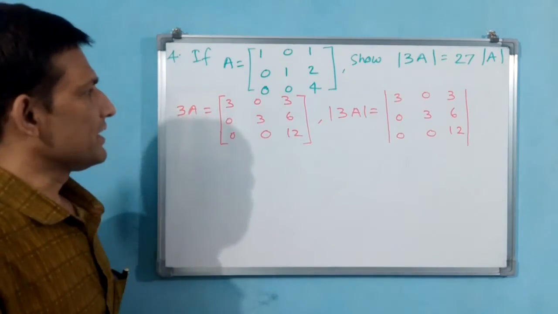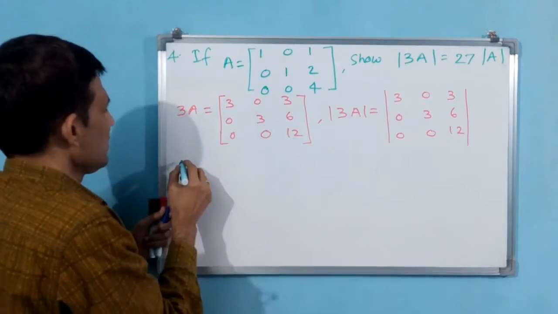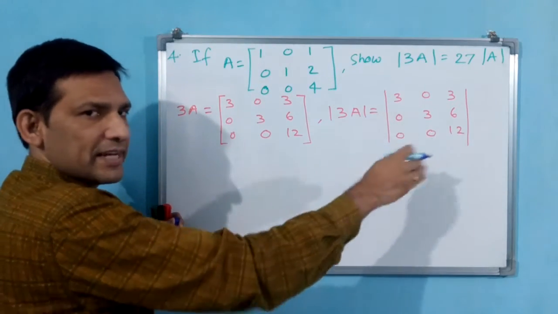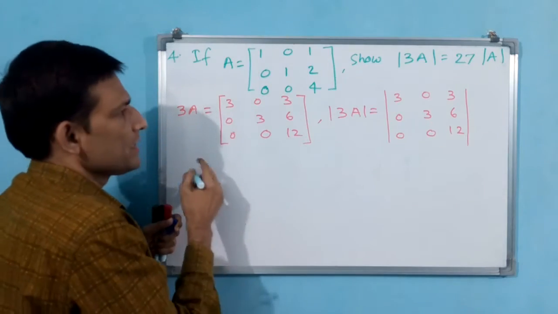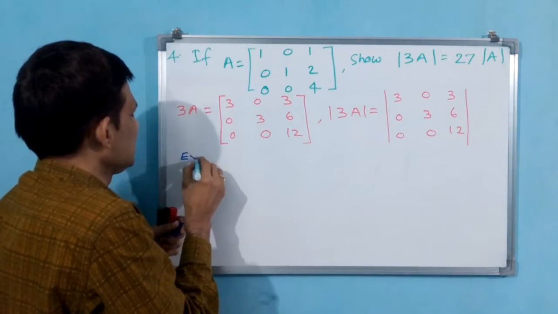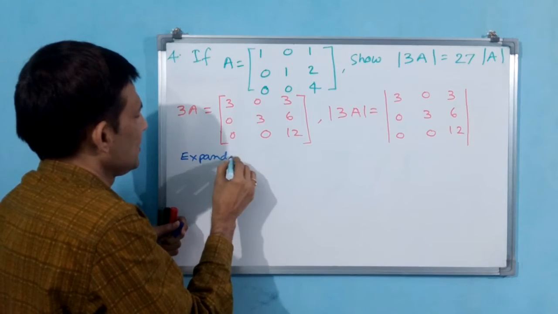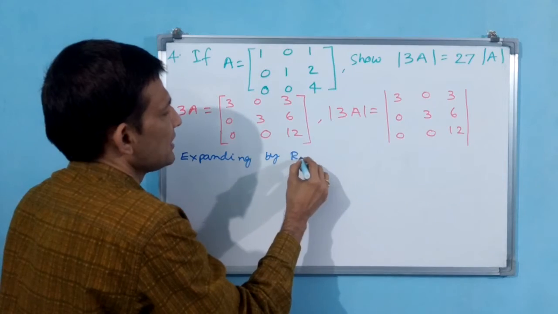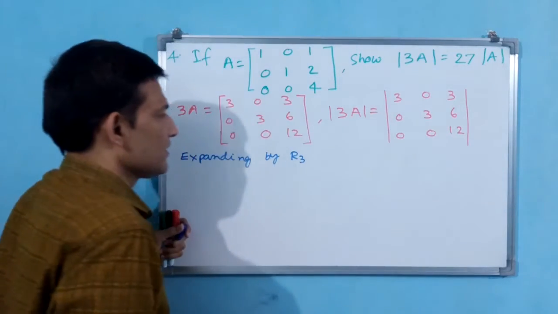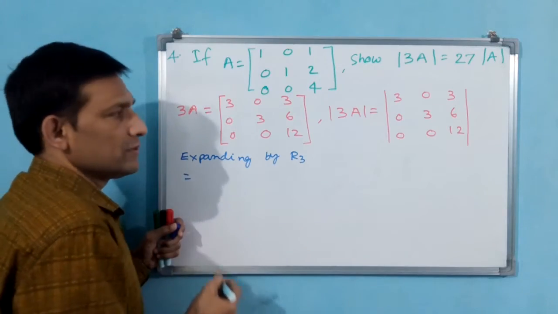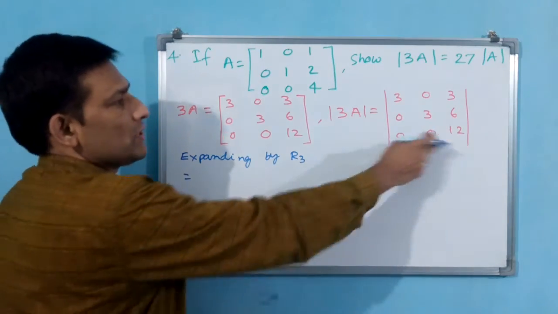Determinant of 3A we have written. Okay. Next you see, write down. See what I am writing, left side right side means you have to write all down. Okay. Expanding by R3. That means row 3 I am expanding. Row 3 if I expand, you see.